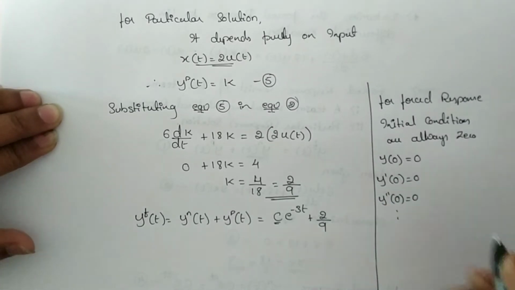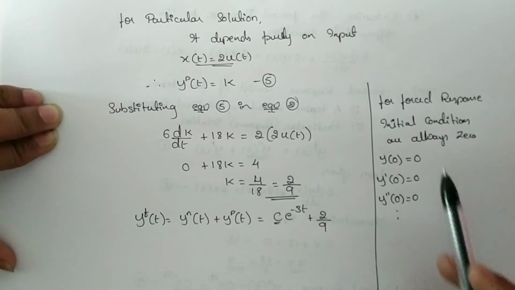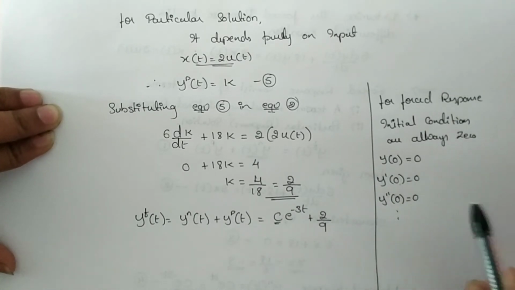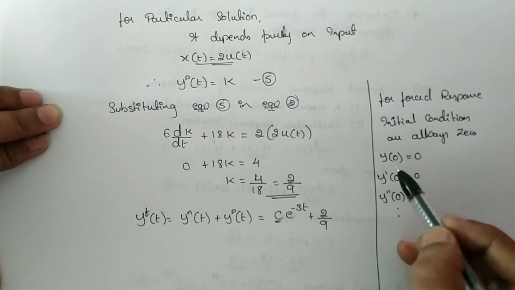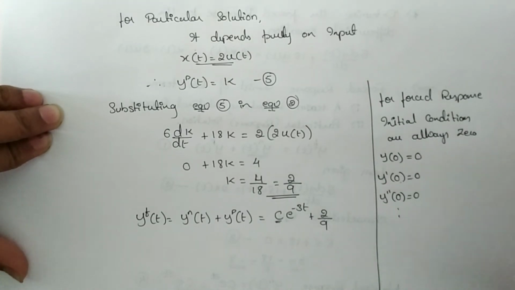Similarly, all the initial conditions are always 0 for forced response. We are forcing to get the response by assuming initial conditions as 0.